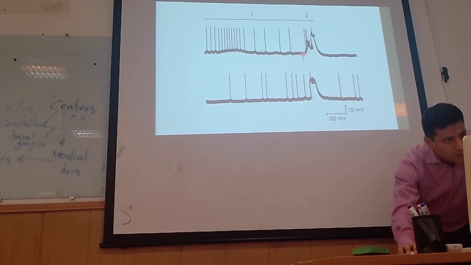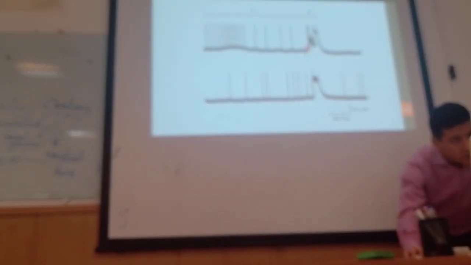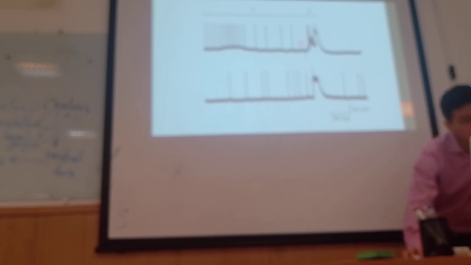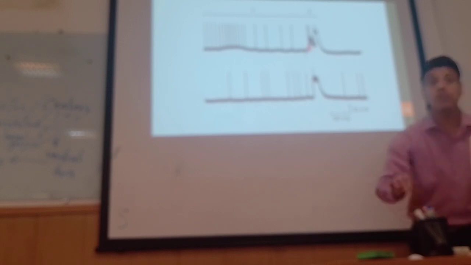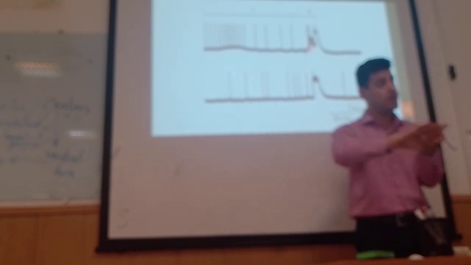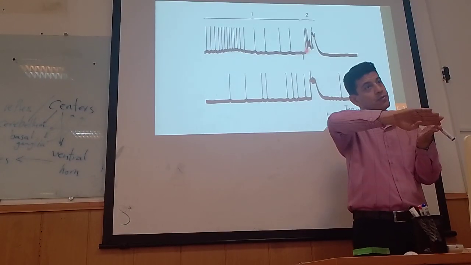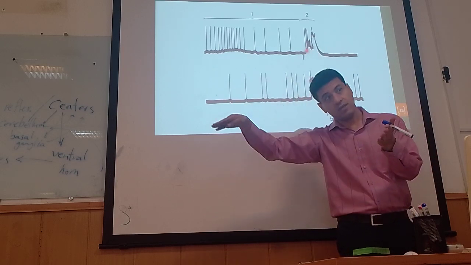When the climbing fibers activate the Purkinje cells, the resting membrane potential will show some oscillations. Right? This oscillation happens by calcium inward movements. So calcium goes into the cell and generates some oscillation.